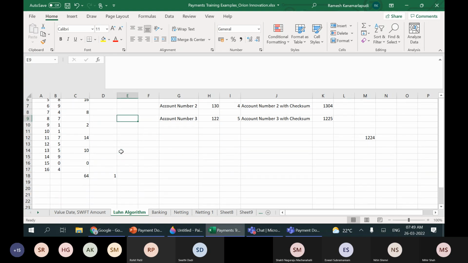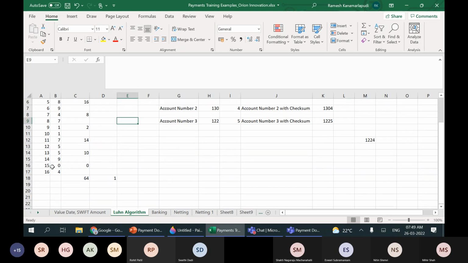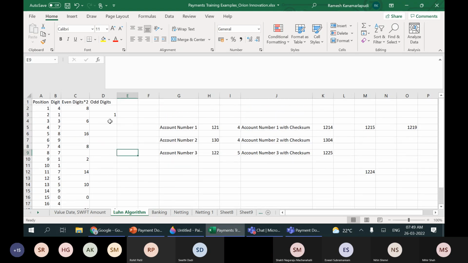So alternate numbers, starting from the last but one of the card number, get multiplied by 2. And all the numbers in the even places, effectively 2, 4, would come as they are.